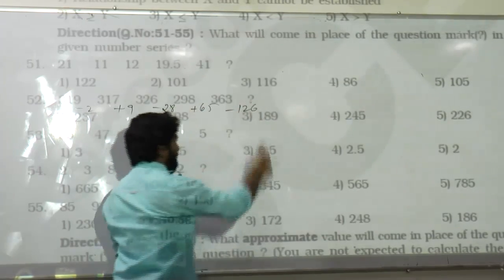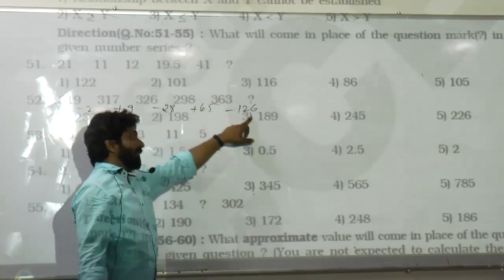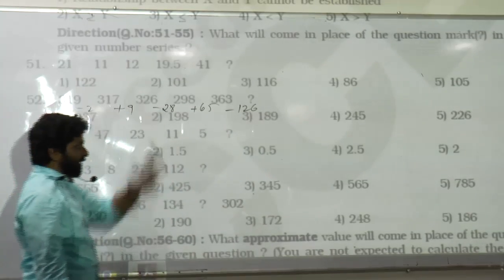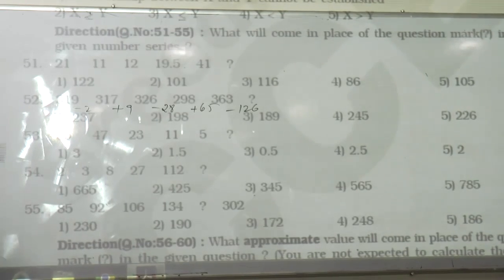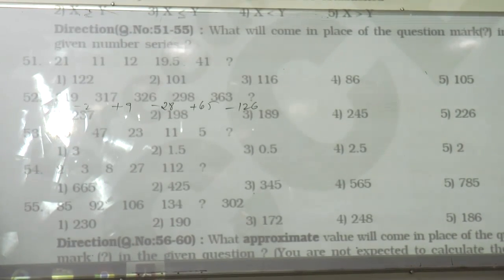Plus and minus alternate, minus 126. 13 minus 6, 7. Your answer should end with 7. 237. You need to subtract 6 from 3, right? Last digit. 13 minus 6 is 7. Answer should end with 7. Only one option.